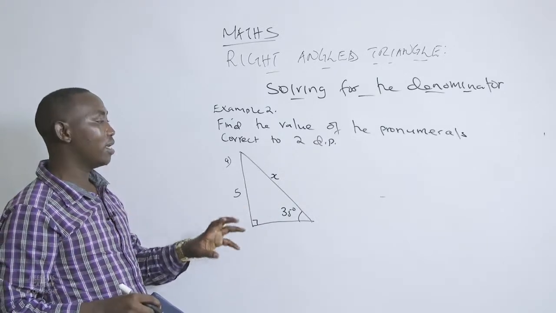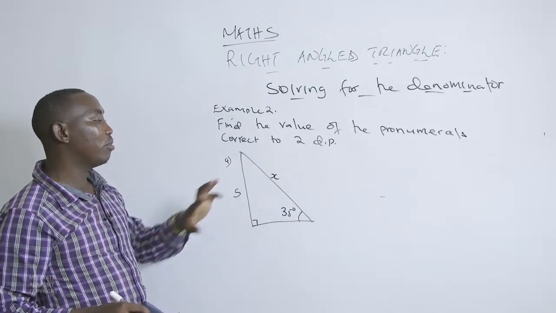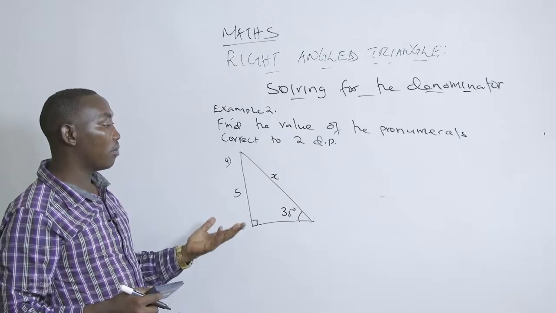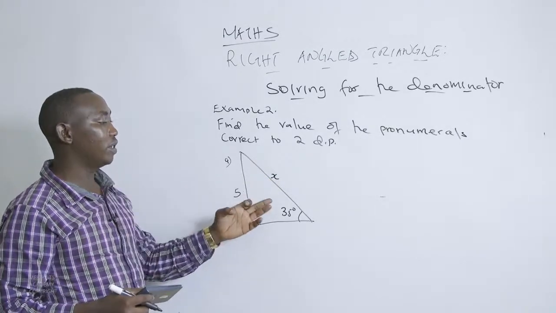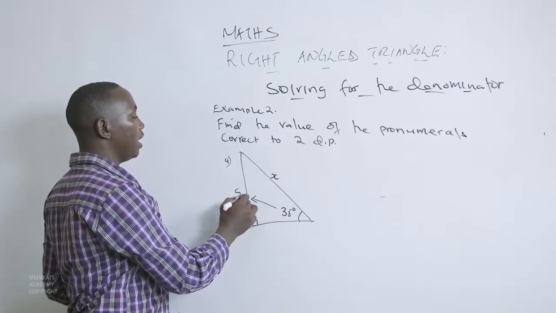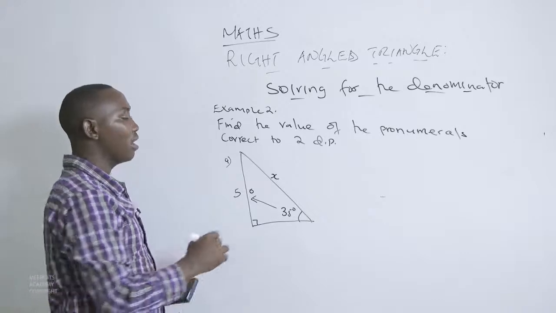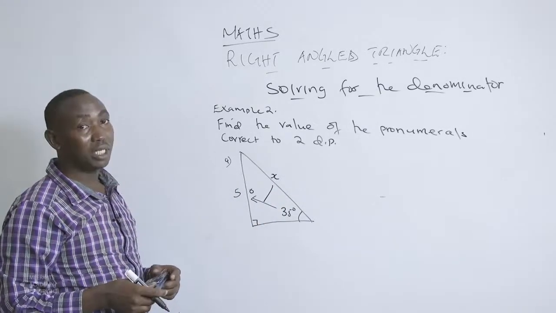Pronumeral, we had said, is that particular unknown alphabetical letter. Now, for us to be able to get the value of x, we need to know what is the relationship of x and the given 5 to this particular angle. You'll discover that 5 is the opposite to the angle, and x is the hypotenuse of that particular angle.